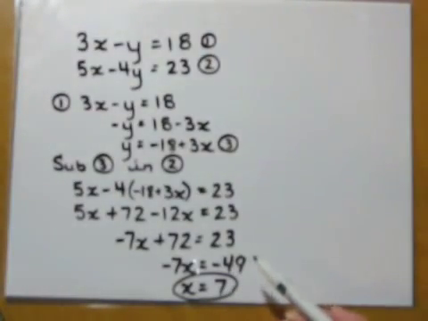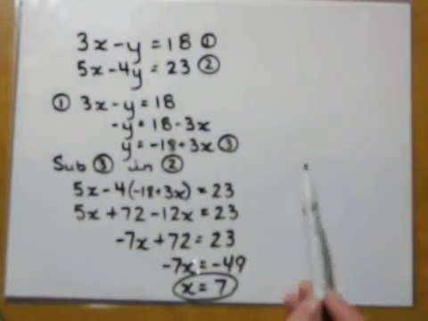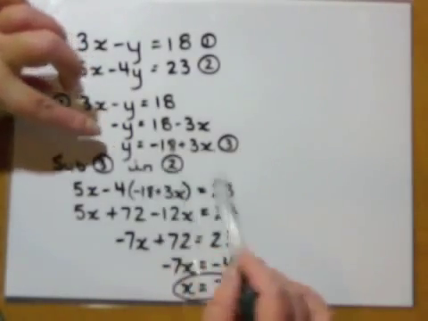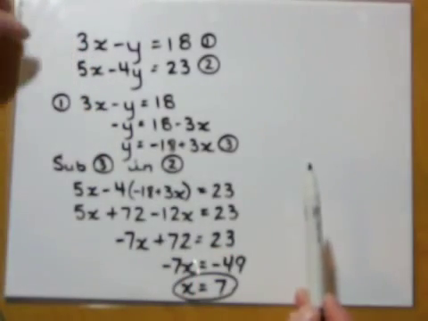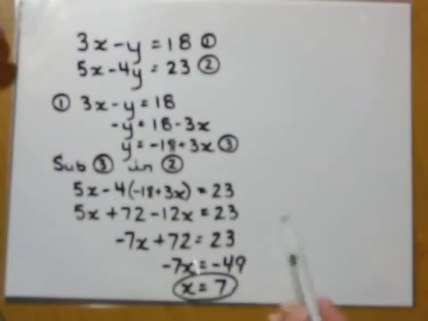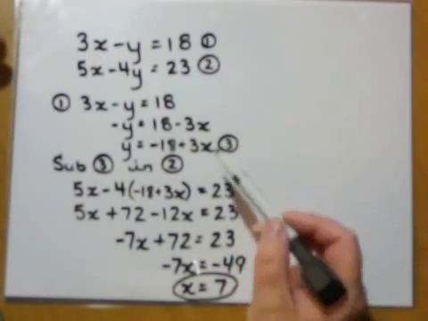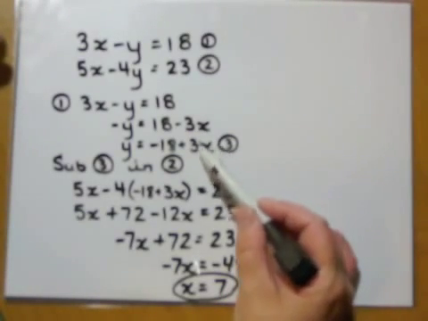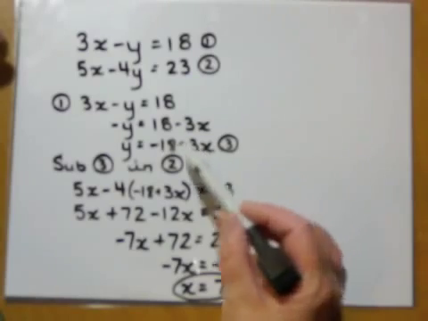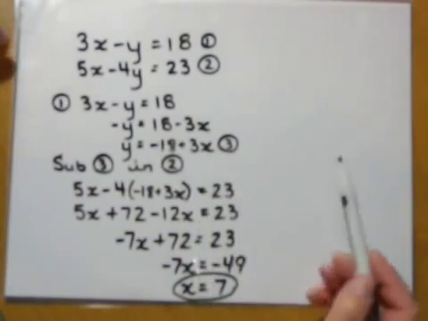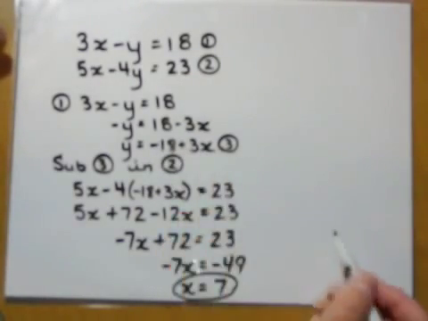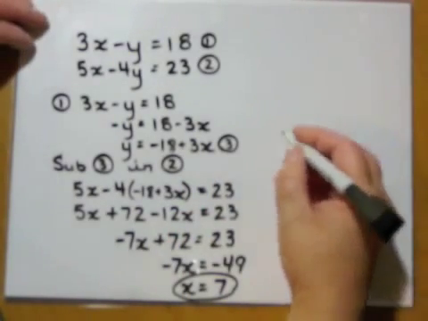Now I'm going to be smart about where I sub that in though, because equation 3 has already been rearranged to get y by itself. And since it's y we're solving for, that's where I'm going to put it. I'm going to put this x in here, and y is all by itself, so all I have to do is the arithmetic on this side of the equation to figure out what y is.